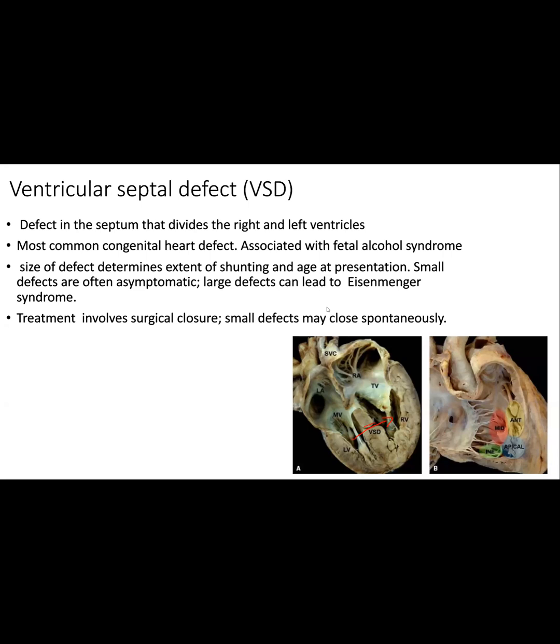The pressure on the right side will be more compared to the left side, and this will result in a shunt reversal. Shunt reversal means that now the blood will move from the right side to the left side. And this concept is known as Eisenmenger syndrome.